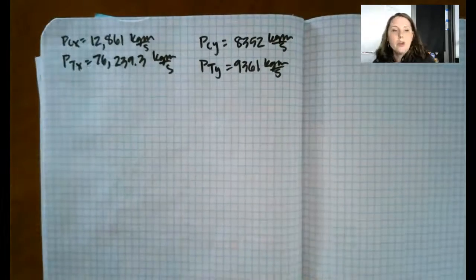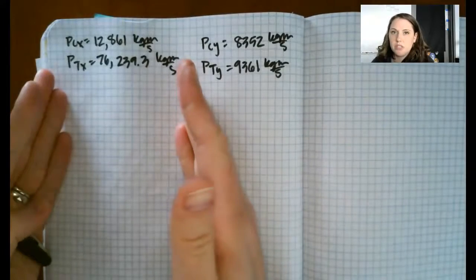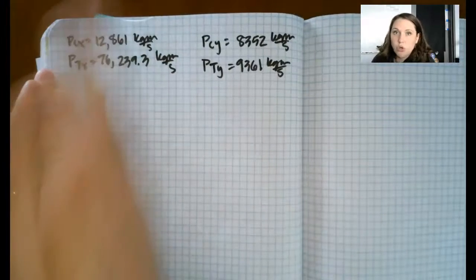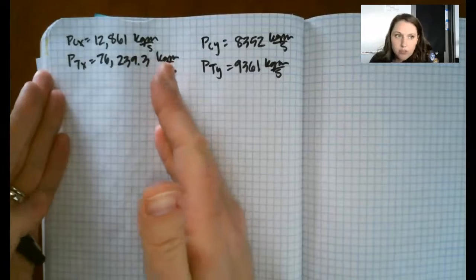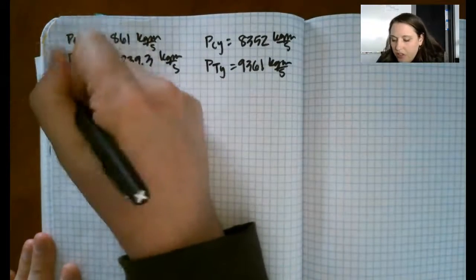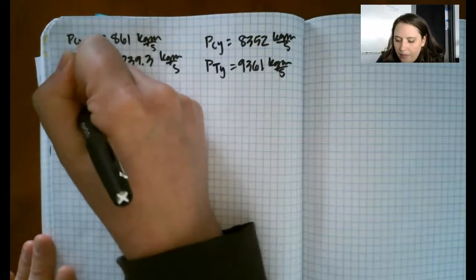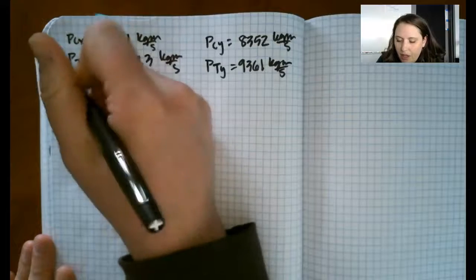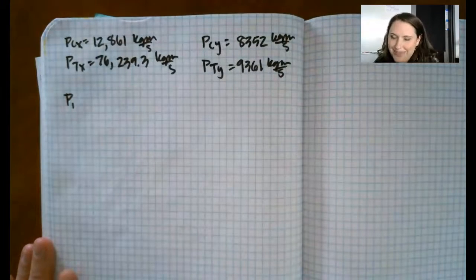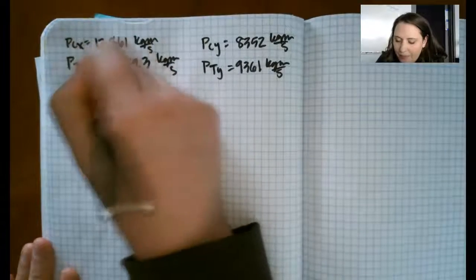All right, so here we go. All of the momenta in the x direction before the collision has to be equal to the total momentum in the x direction after the collision. So what we're going to do is find that conservation of momentum in the x direction, and this is where we end up with a lot of terms getting written out.